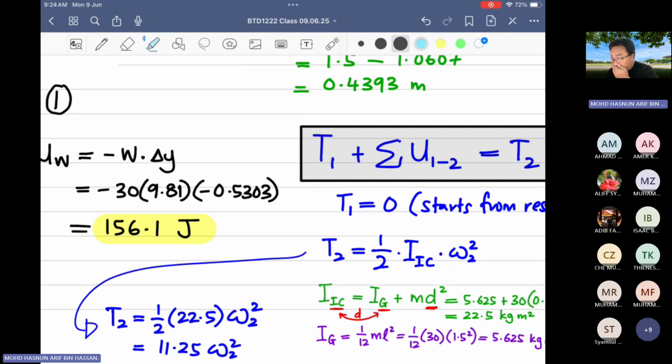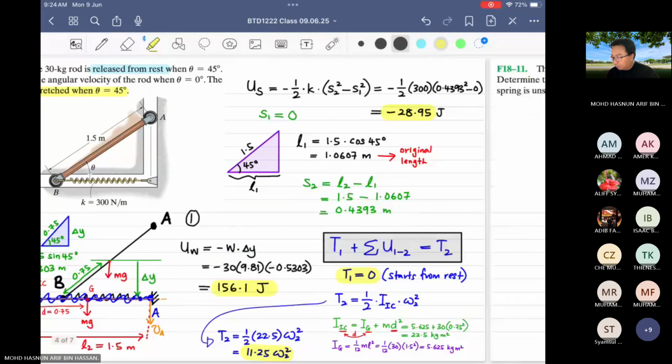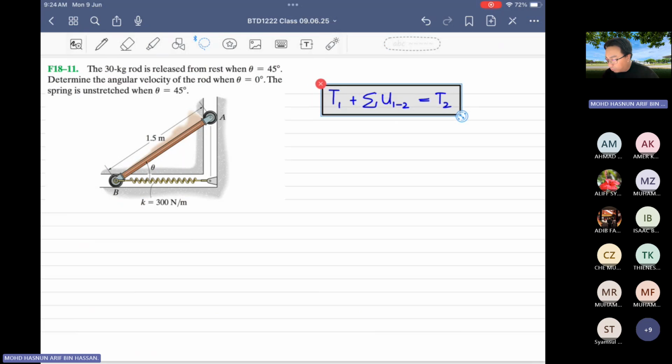So when we have all this, we can then substitute. Let's go to the next page. Okay, this is our equation. All right.